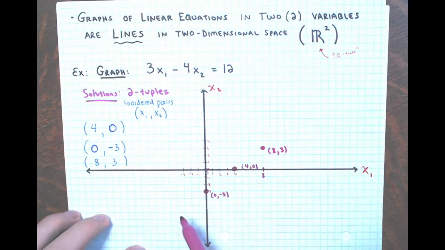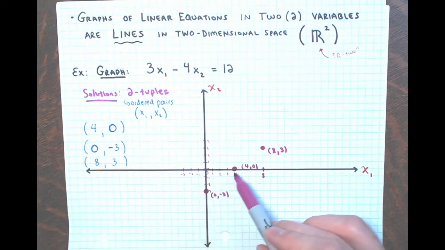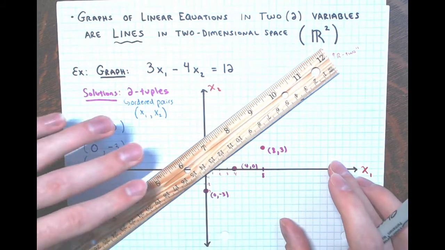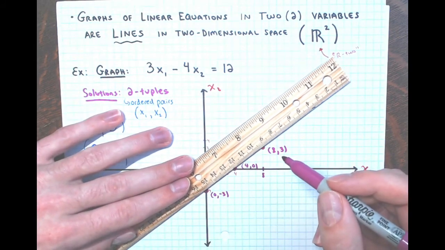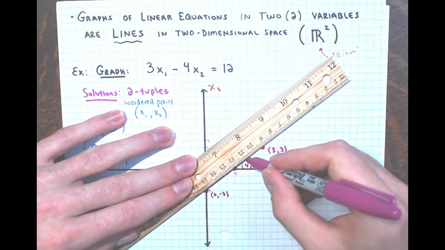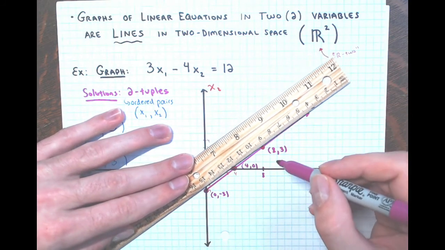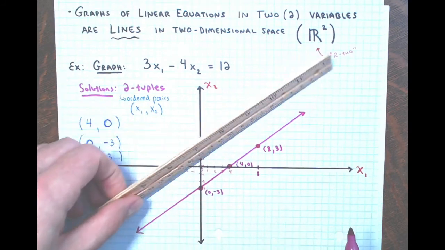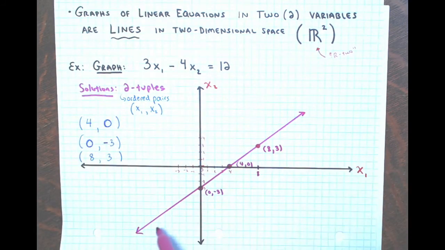And again, if you do enough of these, you'll see that all the solutions to this equation will indeed form a nice straight line in R2, in two-dimensional space, which I'll draw here. I'll just draw on the rest of them, because there are going to be infinitely many. I can't do this all day. So there's a graph, a picture of all the solutions, going in either direction forever.